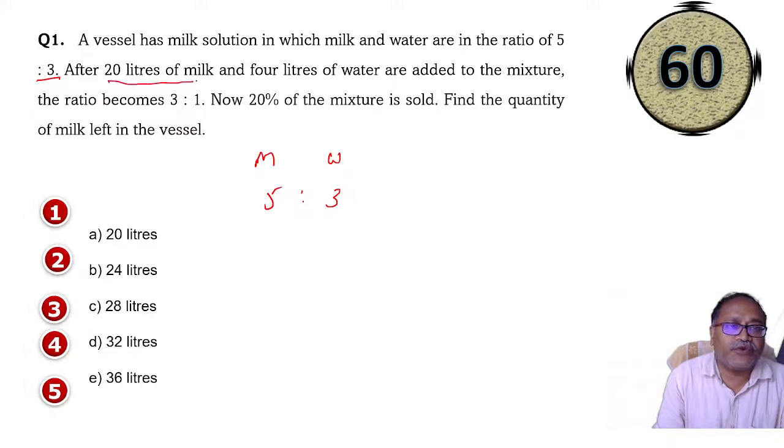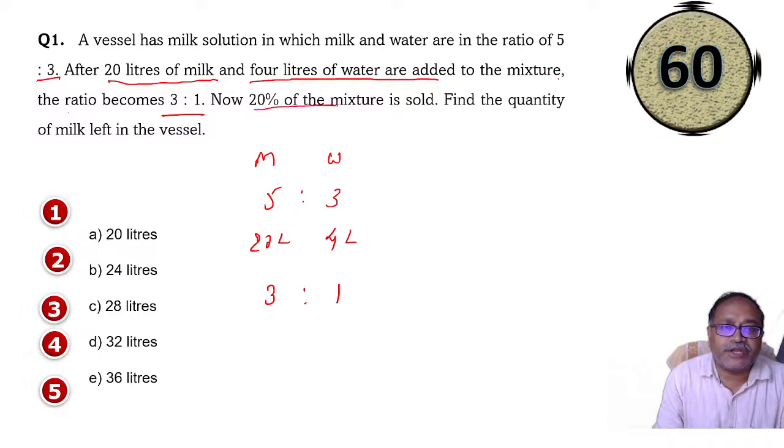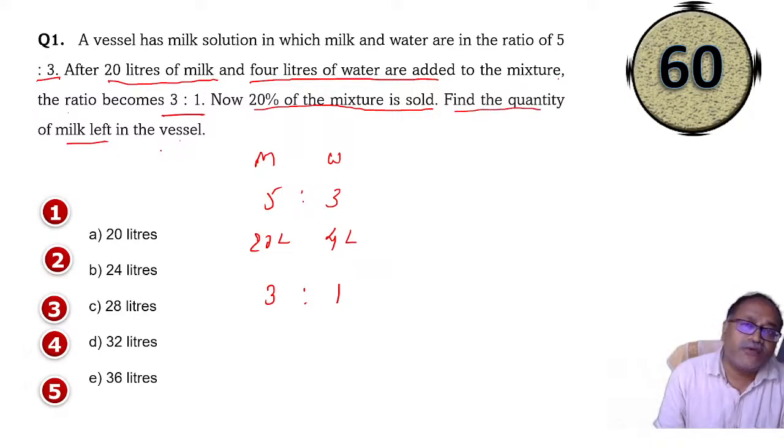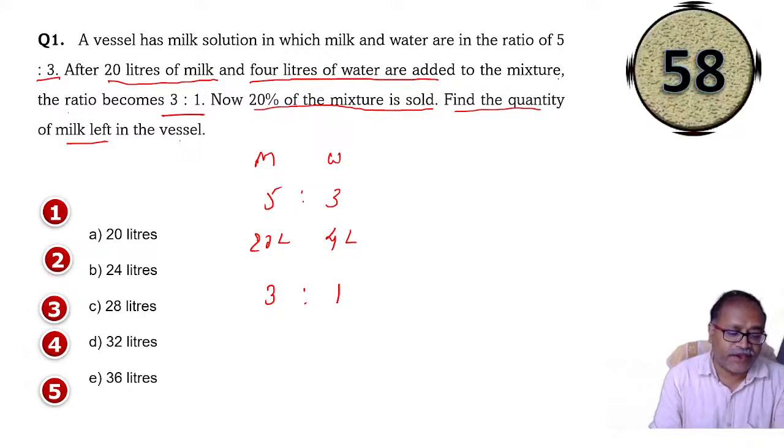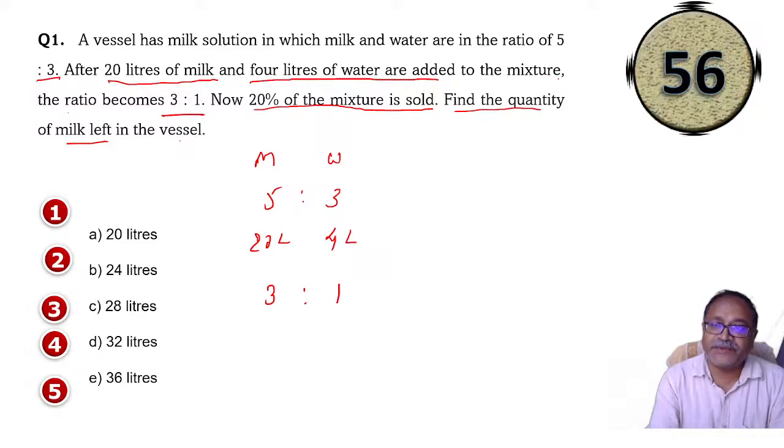If 20 liters of milk and 4 liters of water are added to the mixture, then the ratio becomes 3:1. Now 20% of the mixture is sold. What is the quantity of milk left in the vessel? Your time starts now. Come on, answer the question.